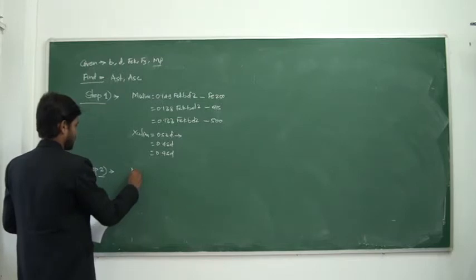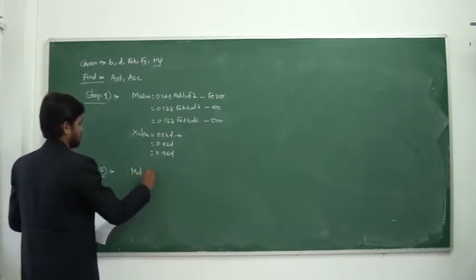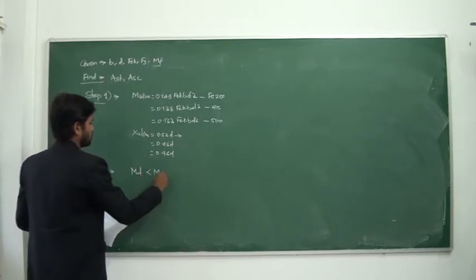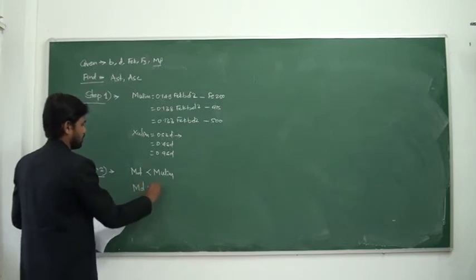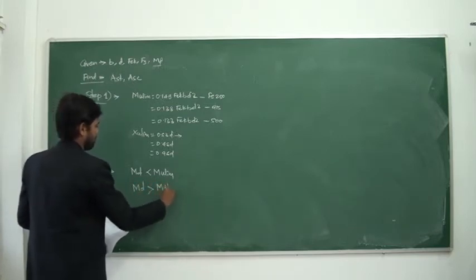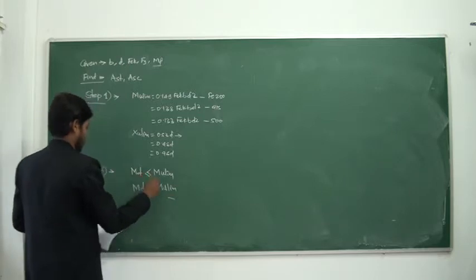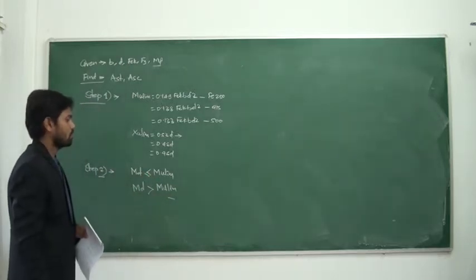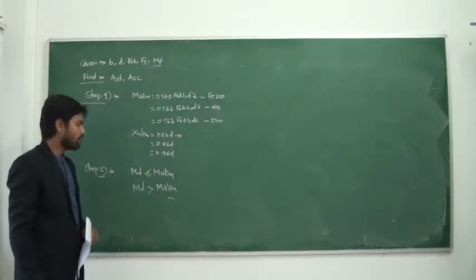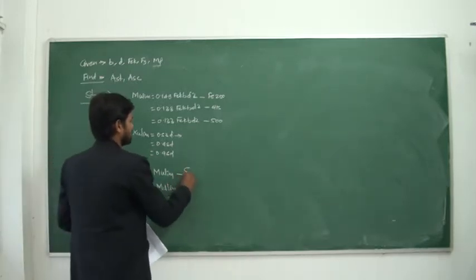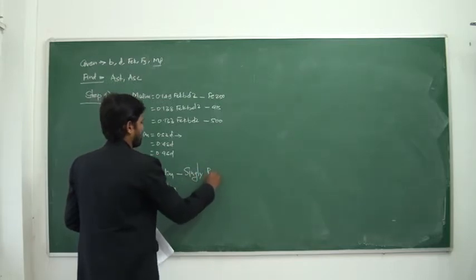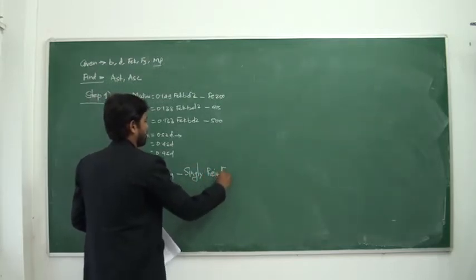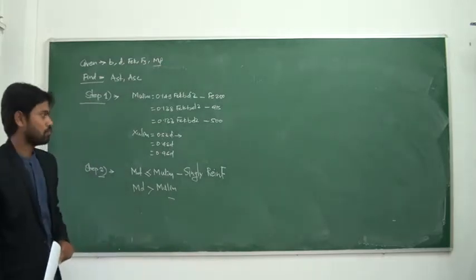If MD is less than or equal to Mu limit, then it is a singly reinforced section.